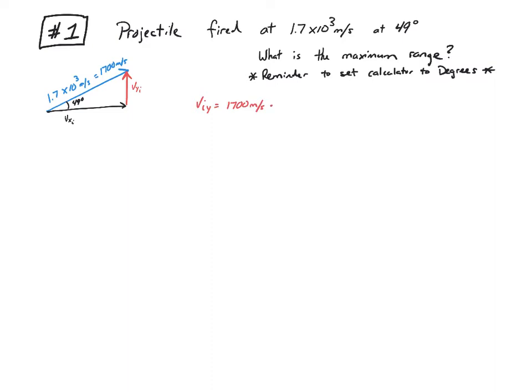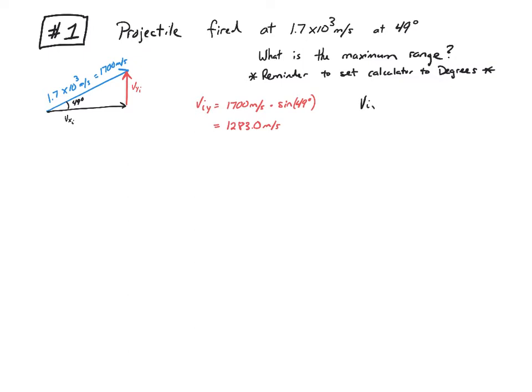In my example, it was 1,700 meters per second, and multiplying by the sine of the degree, you're going to end up getting around 1,283 meters per second initially in the y direction.